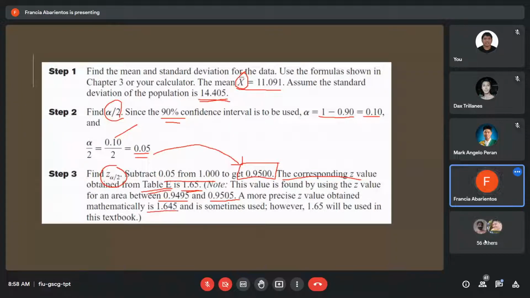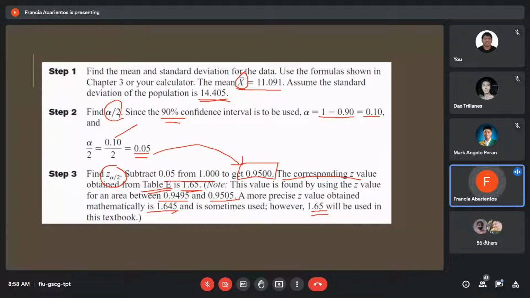Diba class? If we need to interpolate this, ito yung makukuha natin. But we used, however, 1.65 in this textbook or in the class. Okay? Kasi mas malapit na siya. 95. Okay? Nag-round up tayo. Ayan na. Babalikan niyo yun sa pagkuha sa table E.